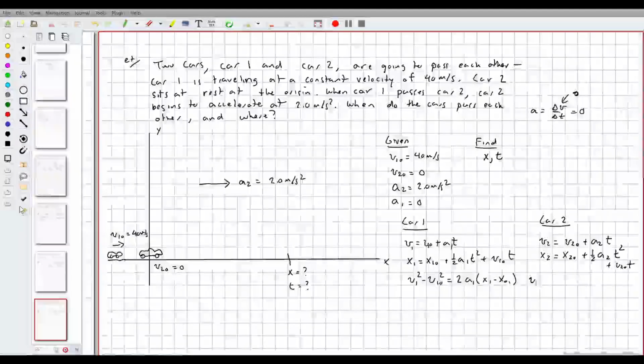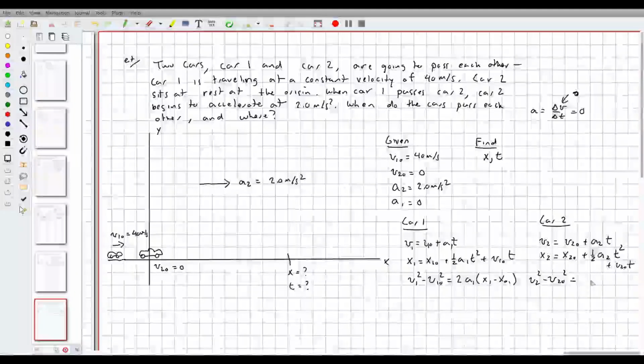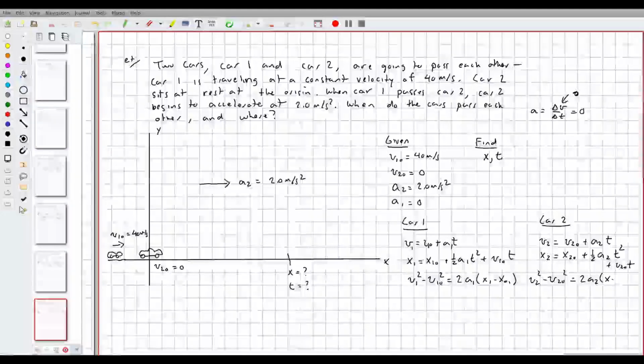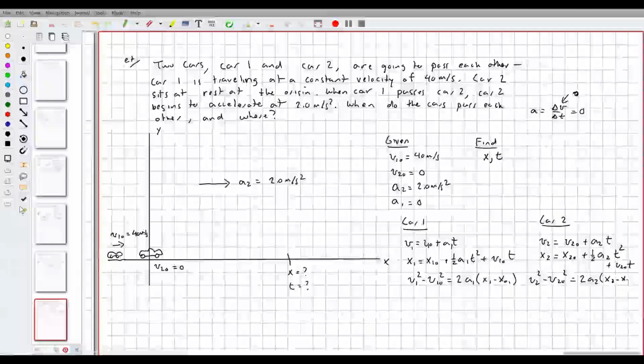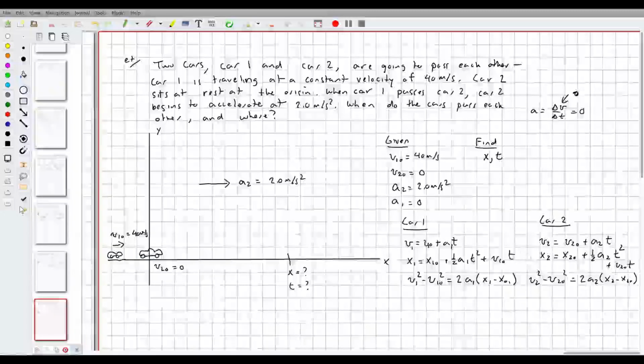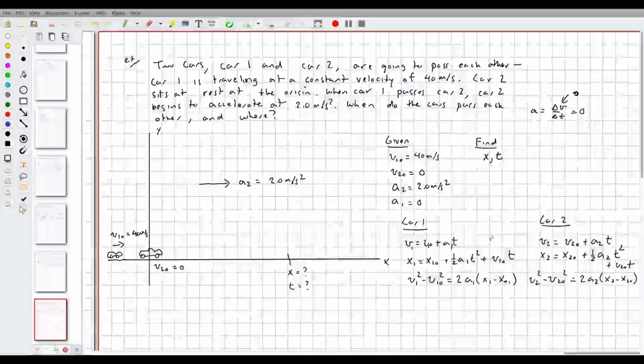Finally, we have v2 squared minus v2 naught squared is equal to 2 times a2 times (x2 minus x2 naught). Now, that's a whole lot of writing, but hopefully when we plug in some simplifications here, things will get a little bit easier.